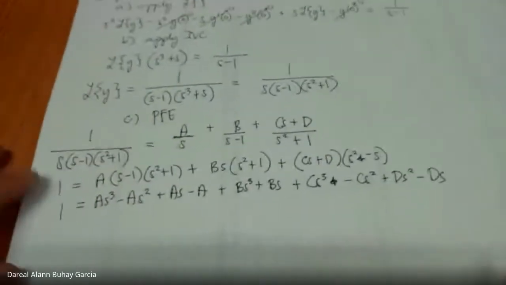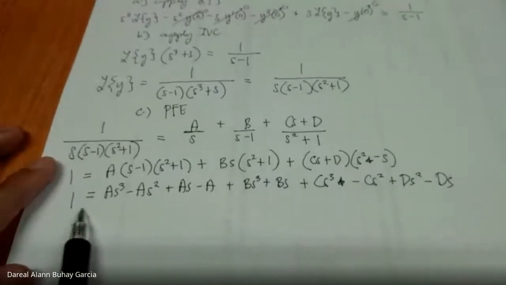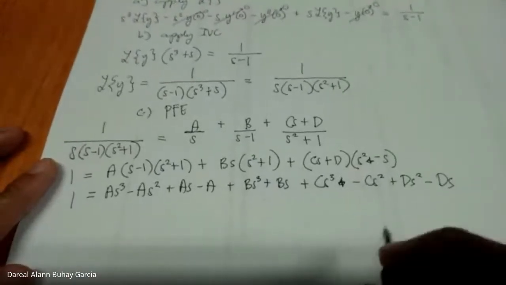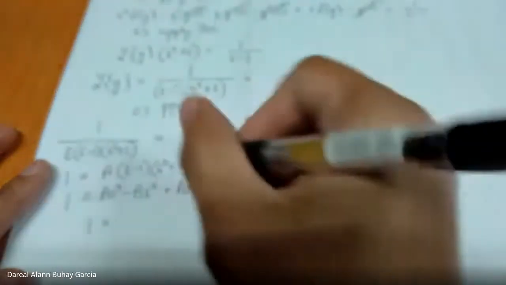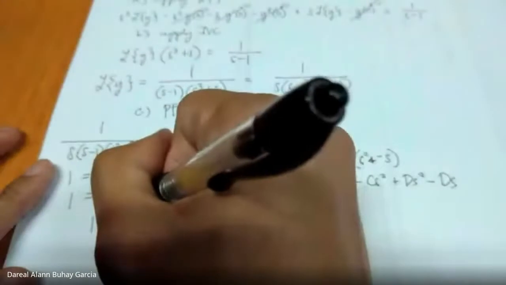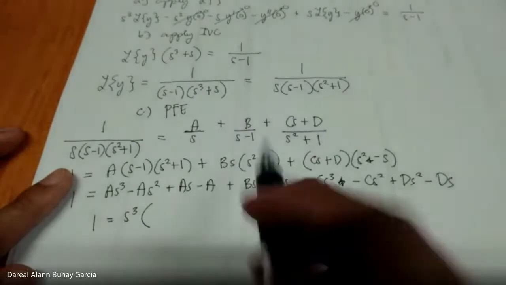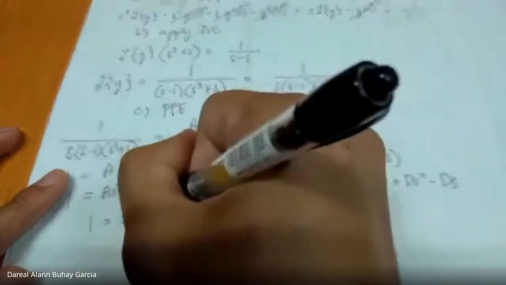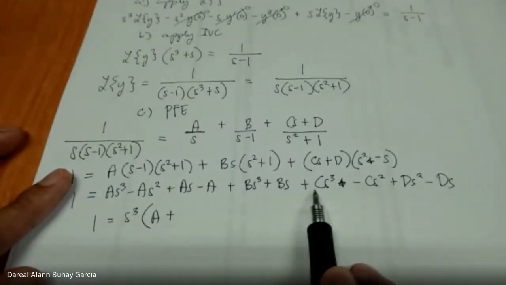So now we look at the coefficients. Combine like terms. The s cubed terms: a plus b plus c.